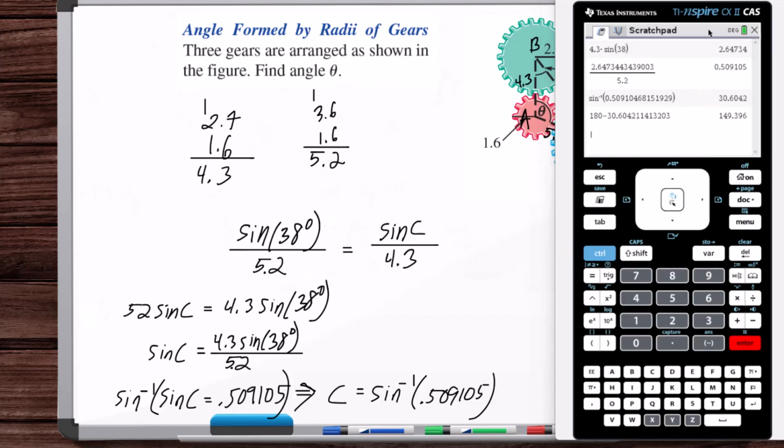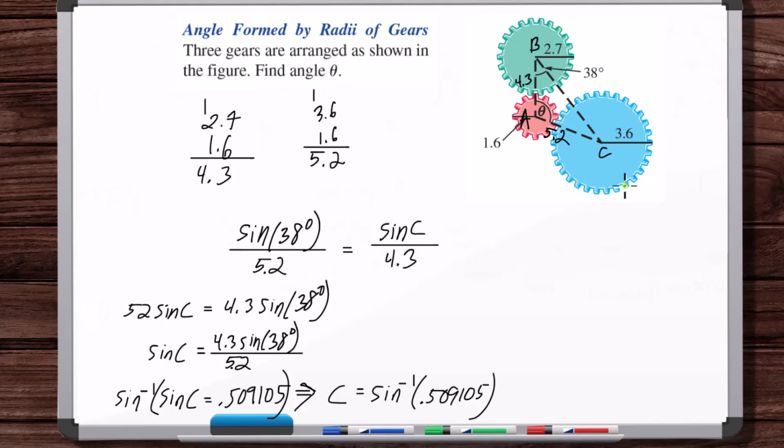All right. Now, I think the reason why the textbook gives us this problem to work with in this section is because we're going to see in the next section that when it comes to the ambiguous case of the law of sines, there are certain scenarios where it still ends up being one unique triangle anyway. Like the constraints of the system. If we look at this, we know one angle is 38 degrees for sure.